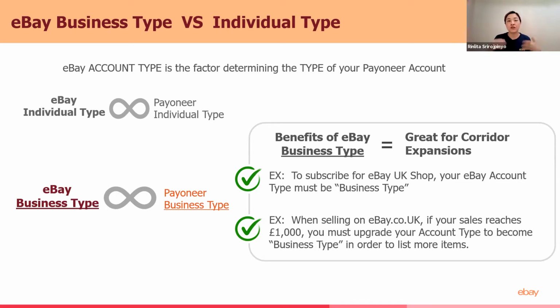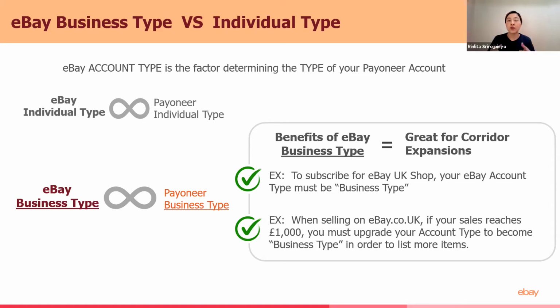So in your respective country, the country in your eBay information will determine which Payoneer country you can match it with. Then another very important factor is the account type. Here on this slide, you can see that I have highlighted the account type on eBay. There are 2 types: individual or private, and business type.